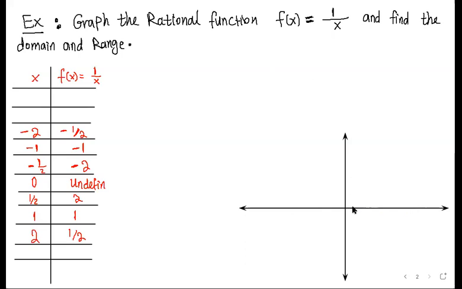So this is my 1/2, for example. This is 1, this is 2, 3, 4. So at 1/2, they give me 2, the value is around here. At 1, it gives me 1.